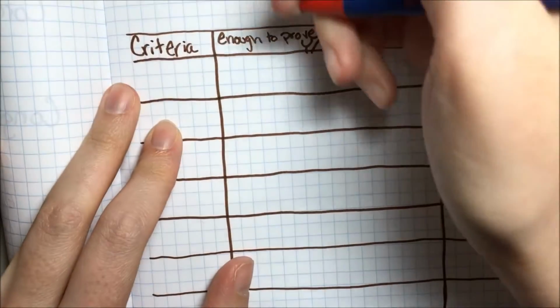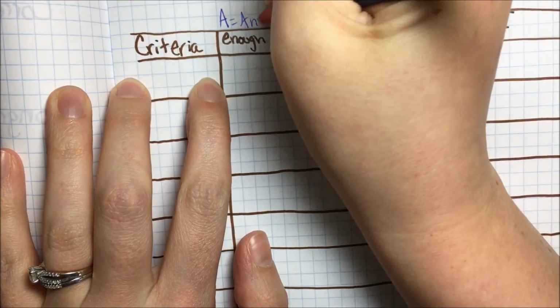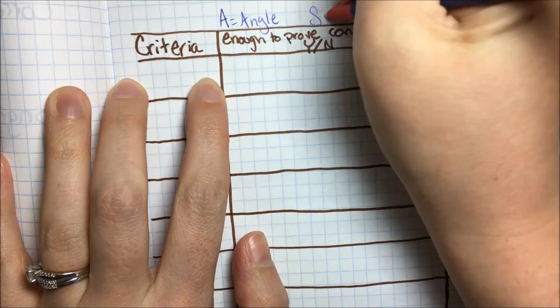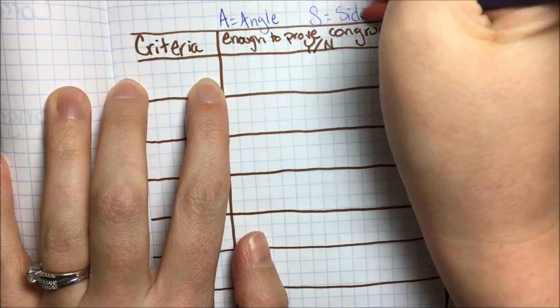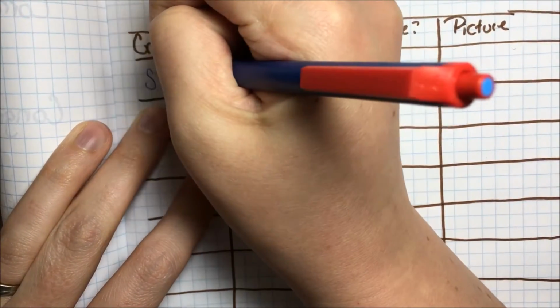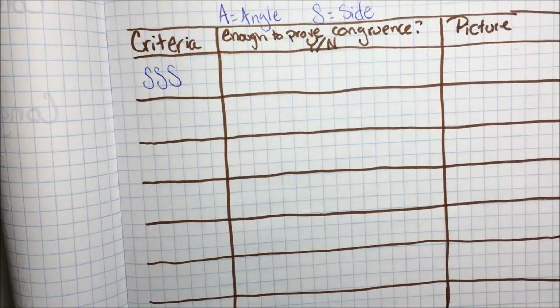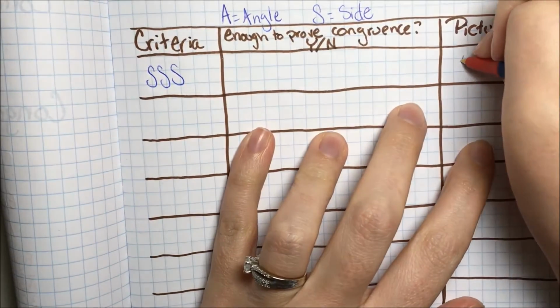For my congruence criteria, I'm going to be referring to A as angle and S as side. So the first congruence criteria that we're going to look at is called side, side, side, meaning that we have three pairs of congruent sides between two triangles.